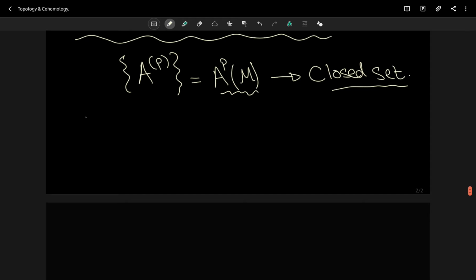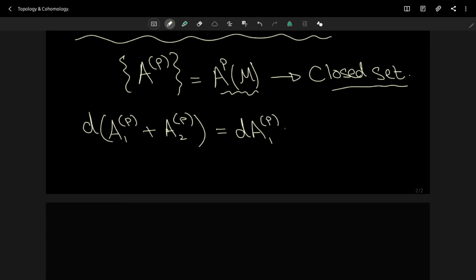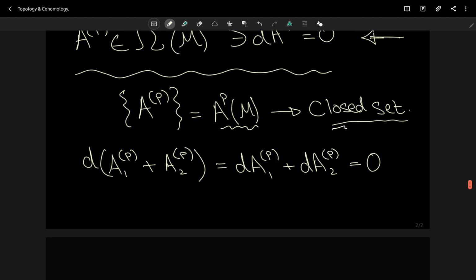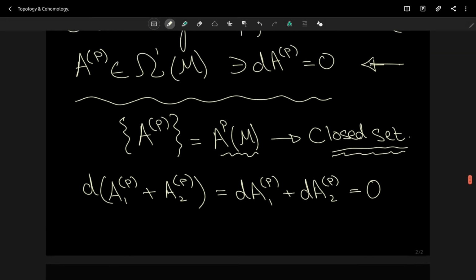Well, it has to satisfy some of the properties of the vector space, and one of them would be for this derivative: d of a1p plus a2p should be equal to the exterior derivative acting separately on both of these, which is this thing. And we know that this thing has to be 0 for it to form a closed set according to this thing over here, right?